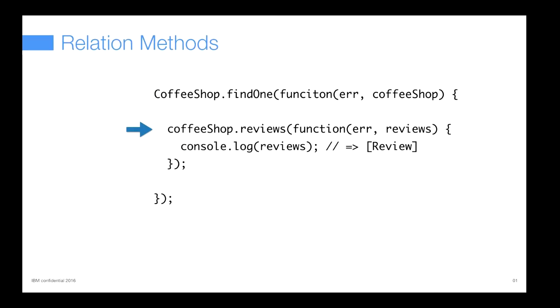So once we've defined a relation, depending on which relation we define, we get a new method. In this case, on the coffee shop, we get a new reviews method, which will return the related reviews for the coffee shop we call the method on.